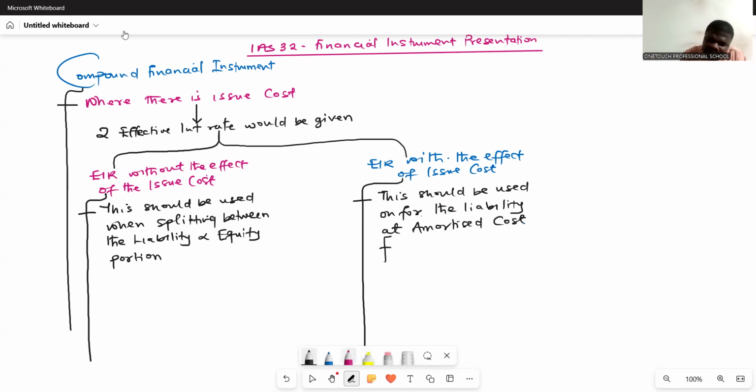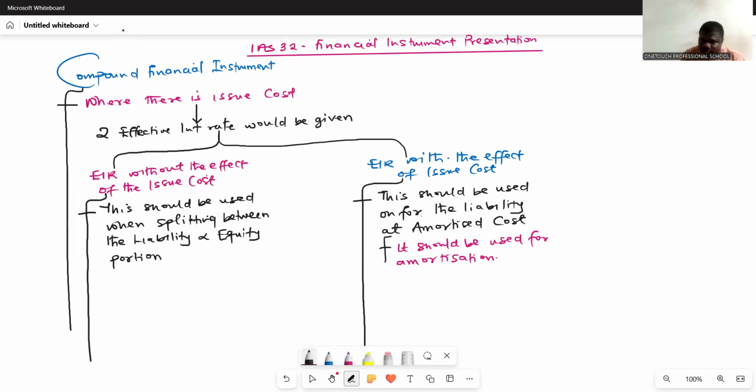In other words, it should be used during amortization. It should be used for amortization. So that's the purpose of the two effective interest rates.